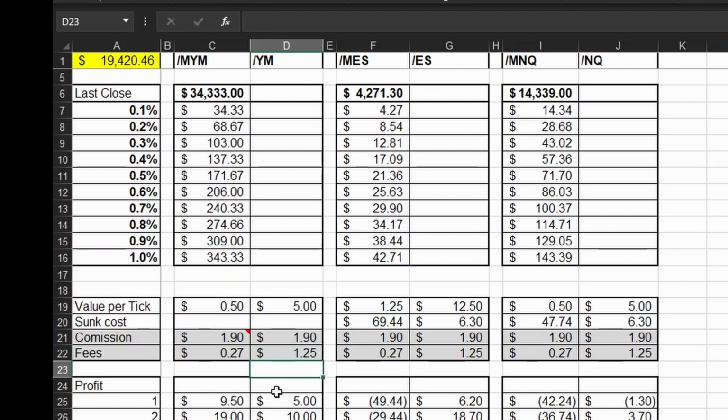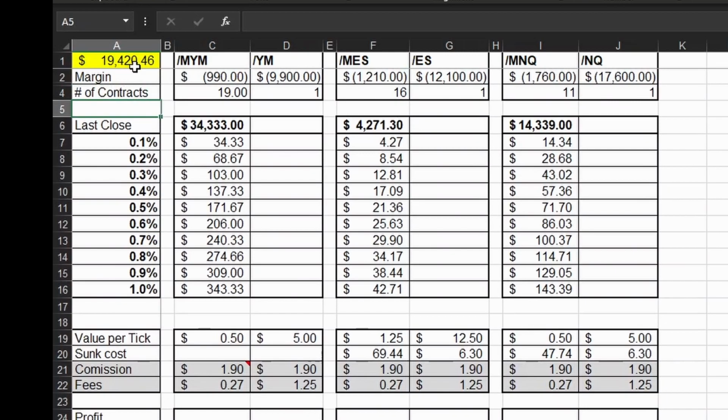What we're going to do here is, I have this number on the upper left, which is the cash that I have, or my option buying power, which is $19,420.46. Basically, I just divided this number by this number.